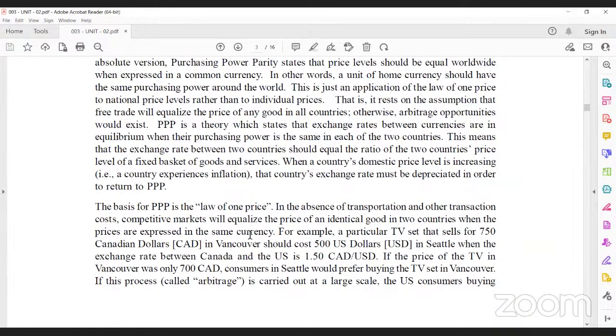That means two countries should have the same price. In the absence of transportation and other transaction costs, competitive markets will equalize the price of any good in two countries, when the prices are expressed in the same currency.